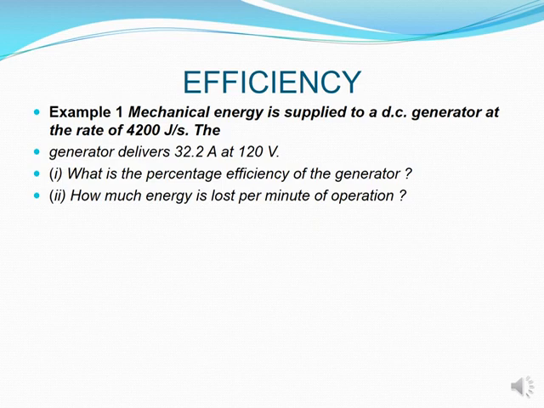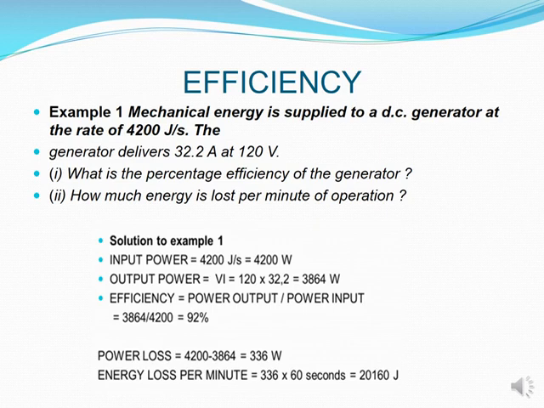So let's first start looking at the first one, the percentage efficiency of the generator. Now, you've got an input power that is 4,200, and because it's joules per second, we can take it as 4,200 watts, because remember, your watts multiplied by your seconds would be the one that gives you energy.